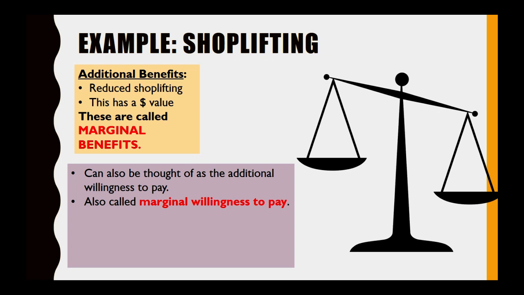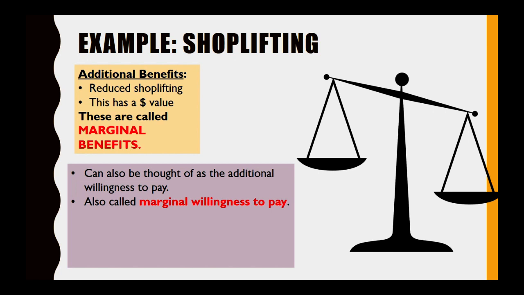In this case, reduced shoplifting. And that's also called our marginal willingness to pay. Why do you think we call it marginal willingness to pay? So we hire a guard and he reduces shoplifting by $1,200. Why would we also call that my marginal willingness to pay? Well, people that are paying him are willing to pay because it's benefiting them. Yeah. How much are we willing to pay?